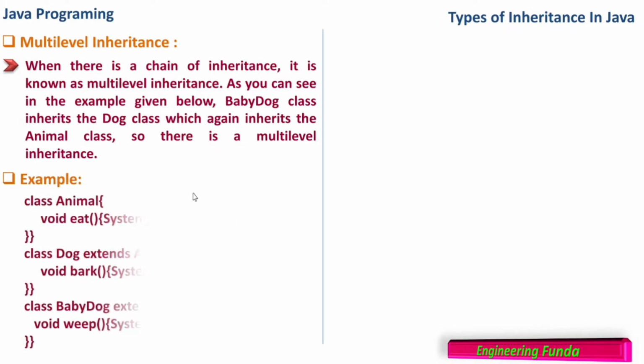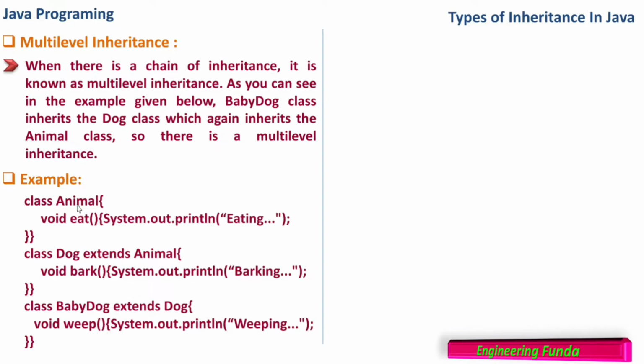So here we can see this. There is a class animal which has a method eat. Then there is a class dog which extends animal and has a method bark. In that we are printing barking. Then there is this third class which is baby dog which extends dog, and in that we have a method weep, and in that we are printing weeping.